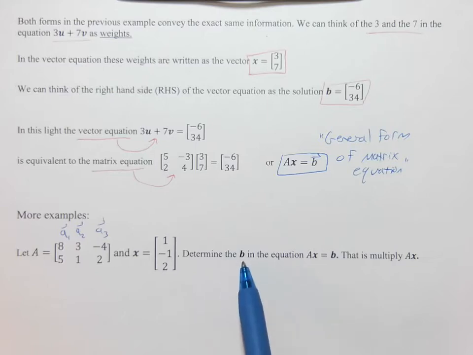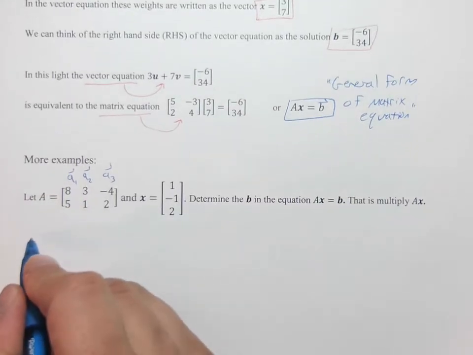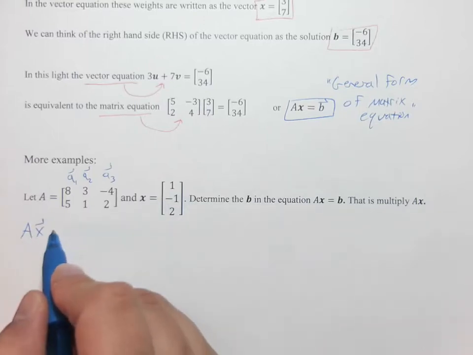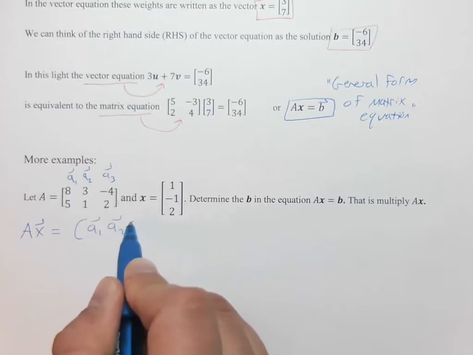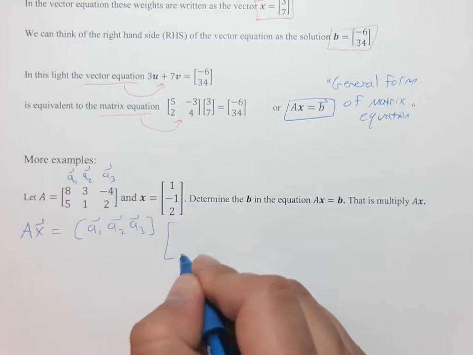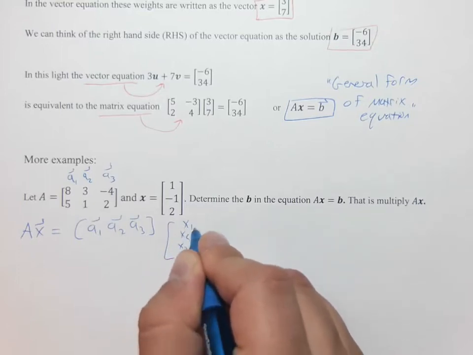Let's determine the B in the equation AX equals B. In other words, we'll multiply A times X. We're going to do exactly what we did on the last page, just with a different sized matrix and vector. So A times X would be these 3 columns, times the vector x1, x2, x3.